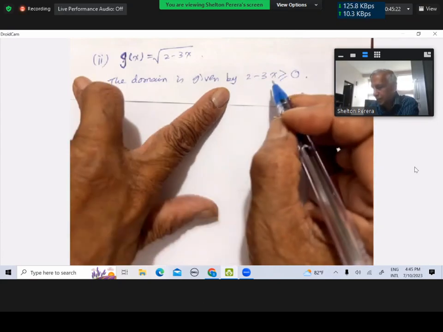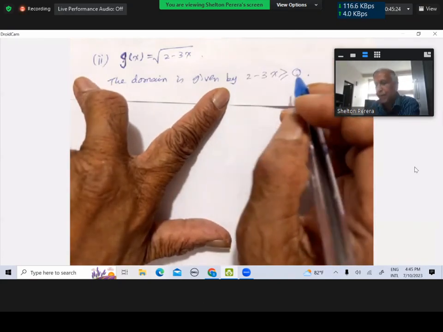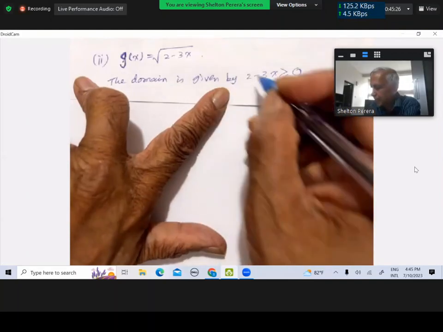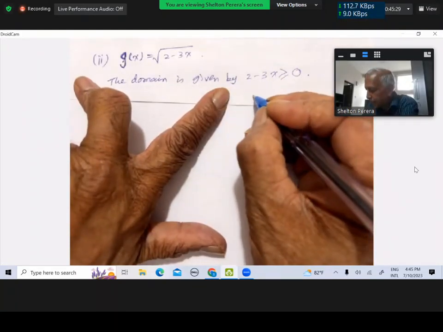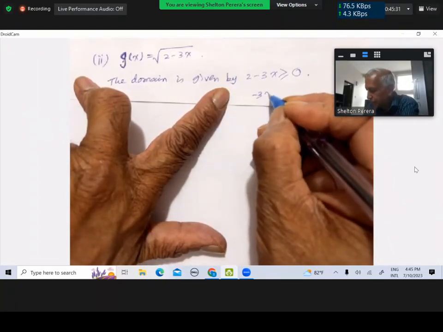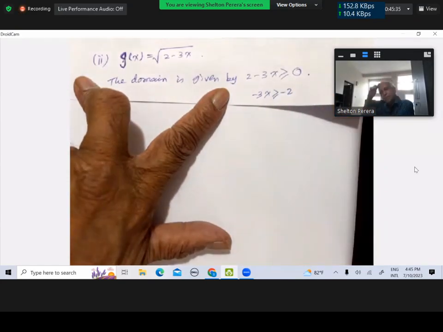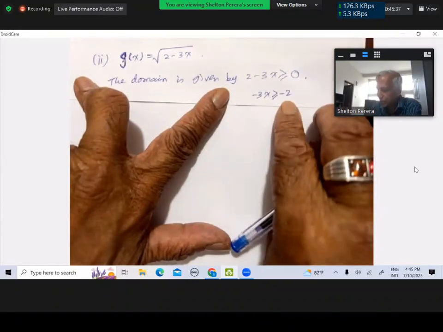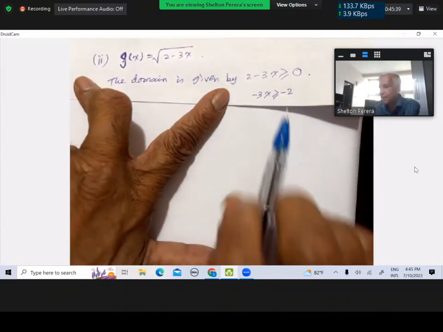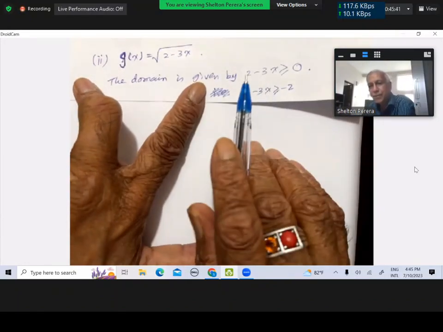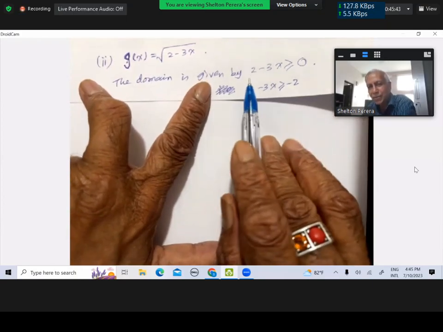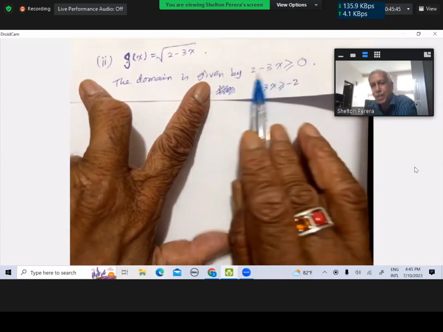Keep x on the left hand side and throw the other terms to the other side. This is the same as negative 3x bigger than or equal to negative 2. Or the mathematical way of saying it is add minus 2 to both sides.